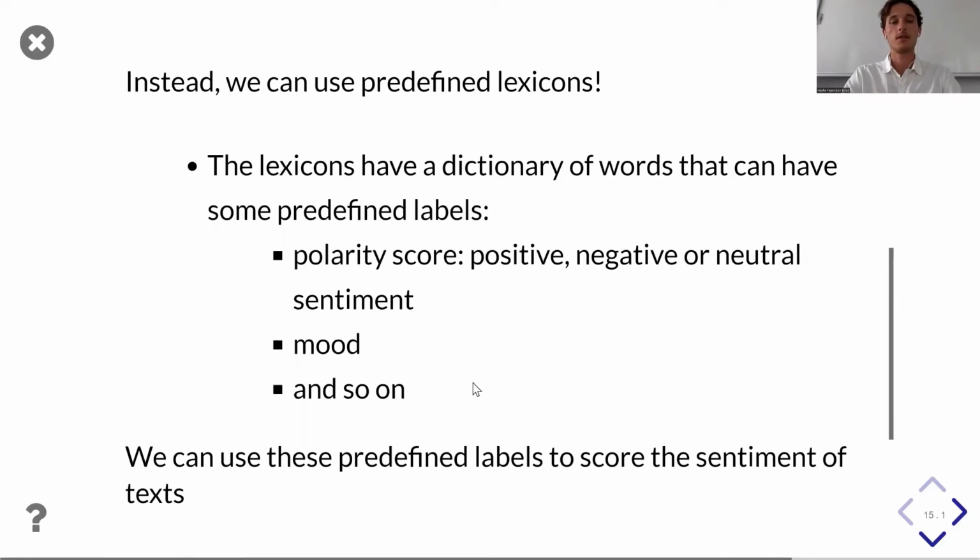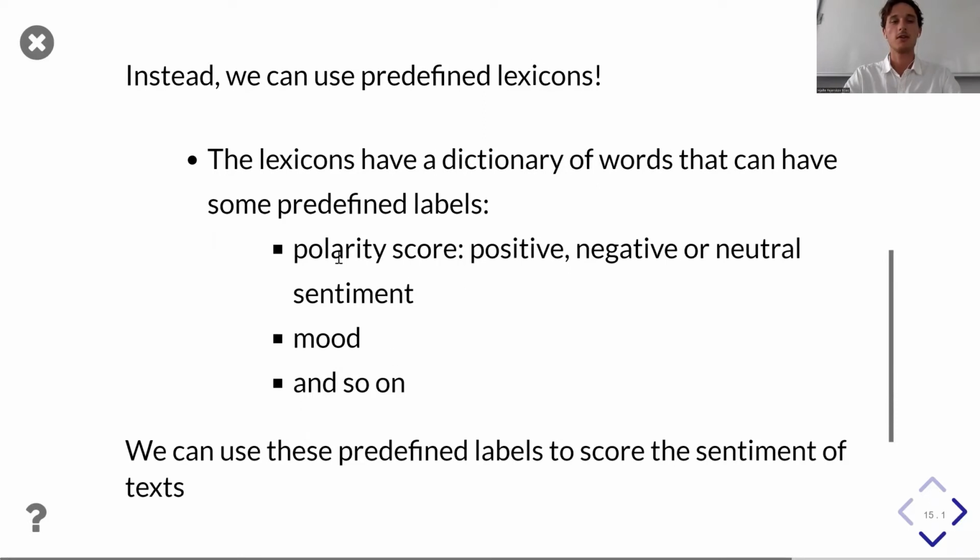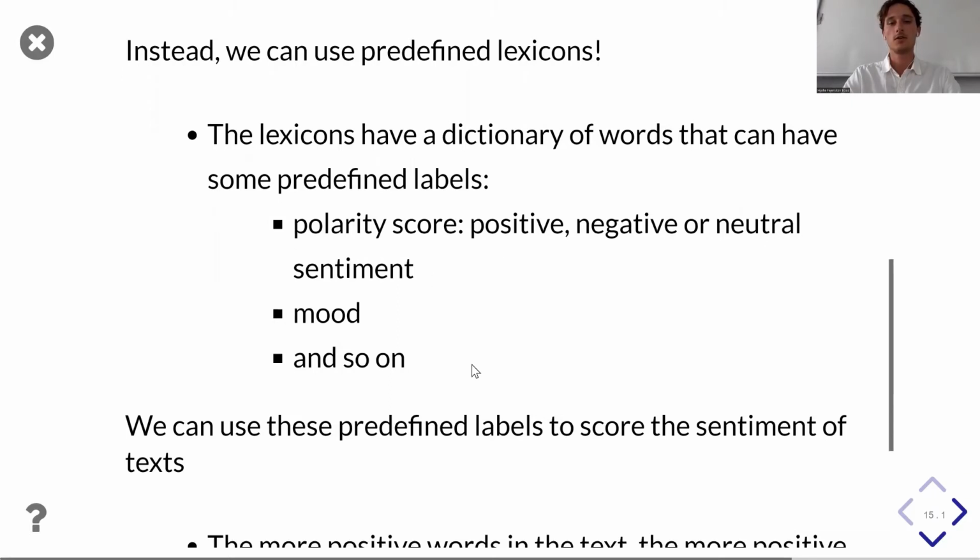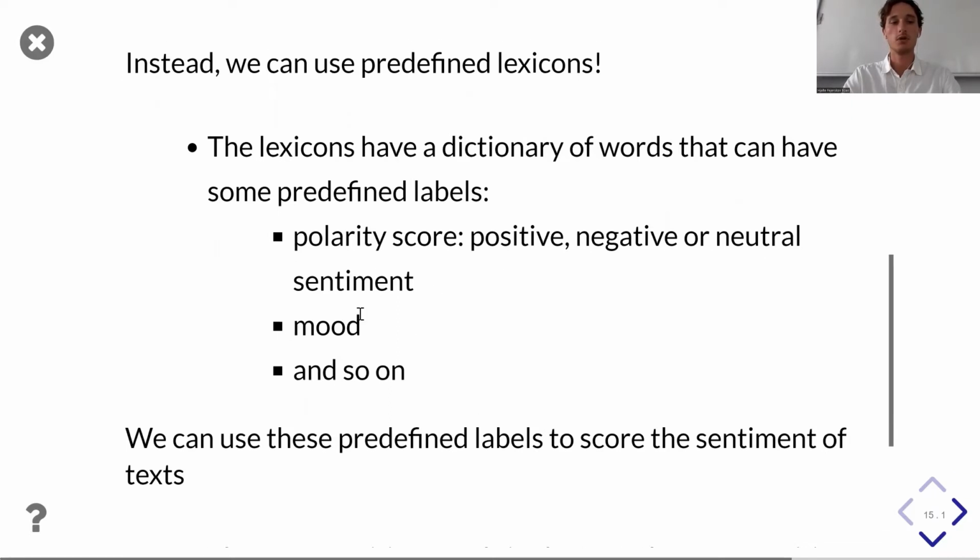For example, the words have a polarity score, which is positive, negative, neutral sentiment. They can also have a label defining mood and also intensity of the word, the strength of the word, and so on. So we can use these predefined labels to score the sentiment of texts.